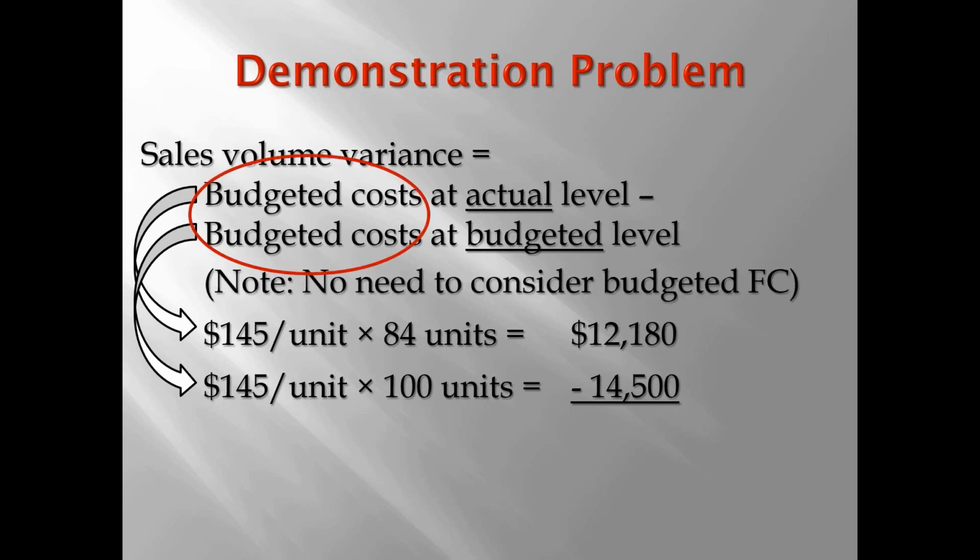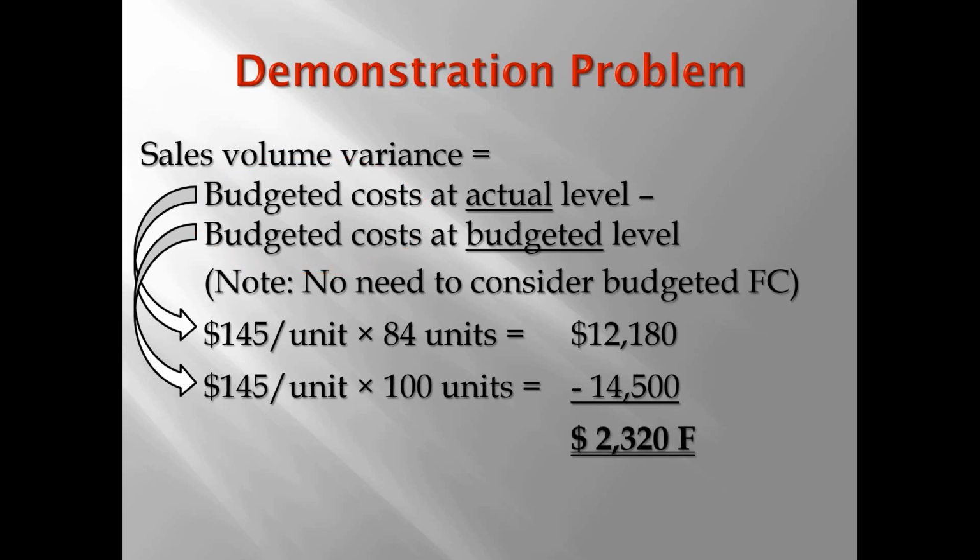In this particular problem, there's actually no need to consider the fixed costs because at the budgeted level, the fixed costs would be the same in a flexible budget or in a static budget. So we could add the fixed costs to both amounts, but then they would just cancel each other out.